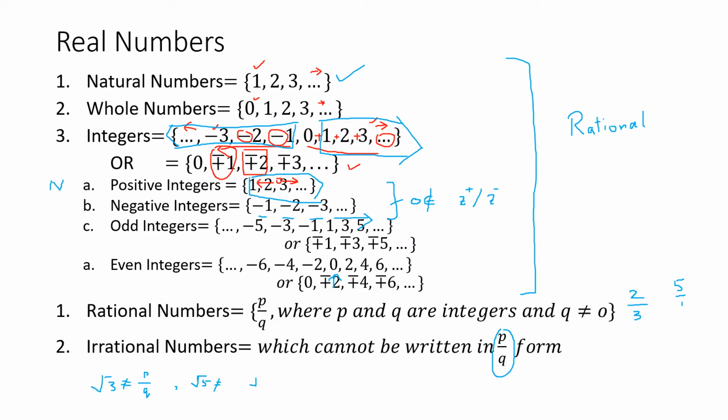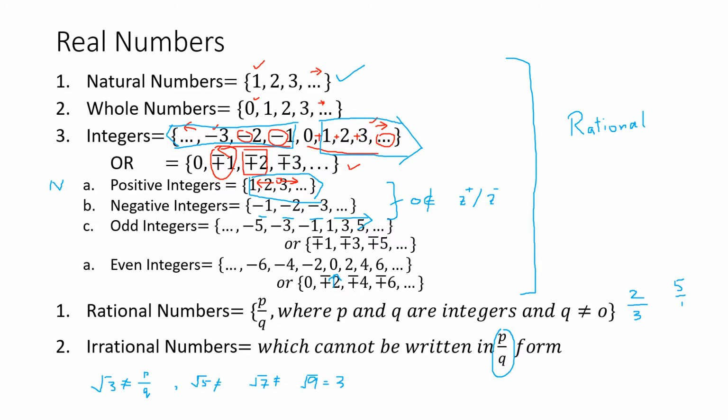Not odd numbers, sorry, prime numbers. So if you take 7, the square root of 7 cannot be written. If you take 9, it is an odd number but it's not prime, so it can be written; its answer is 3, and 3 is in the whole numbers, the natural numbers, the integers.